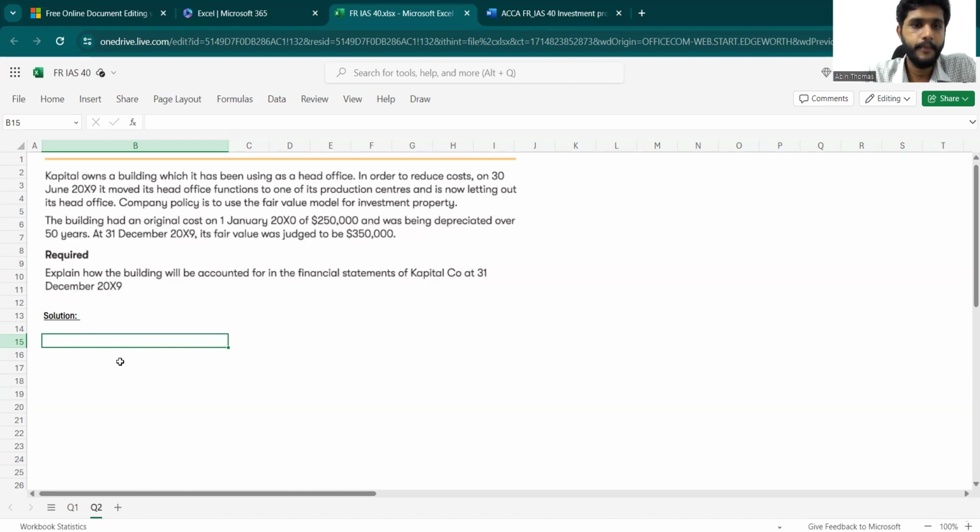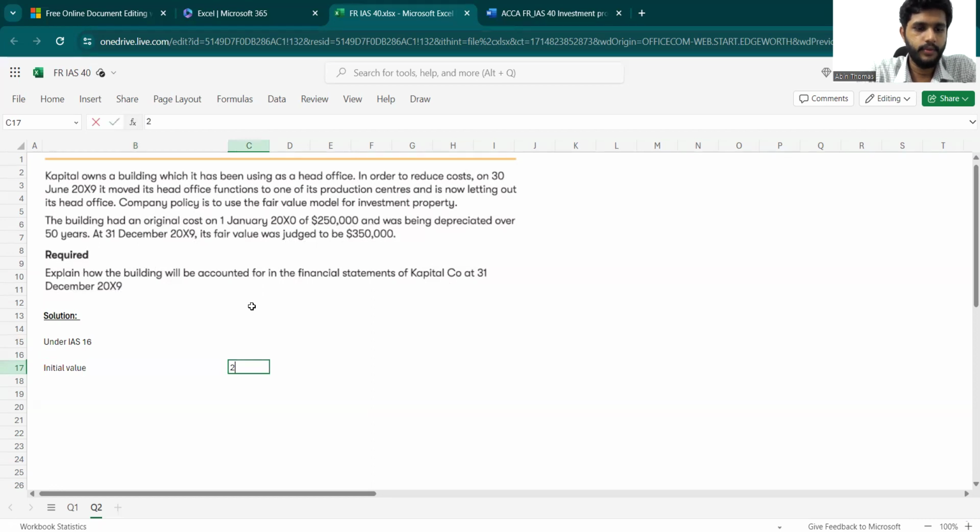Let's see. We can divide the property accounting treatment under IAS 16 and under IAS 40. So under IAS 16, the initial value is 250,000.